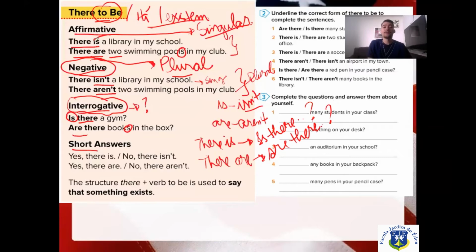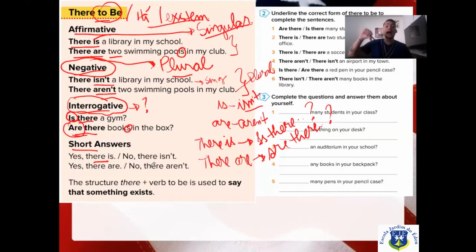I can say there is a library in my school. So I can ask, is there a gym? Yes, there is. No, there isn't. Okay, so yes, there is. No, there isn't. And we have are there, the plural form. Are there books in the box? Yes, there are.